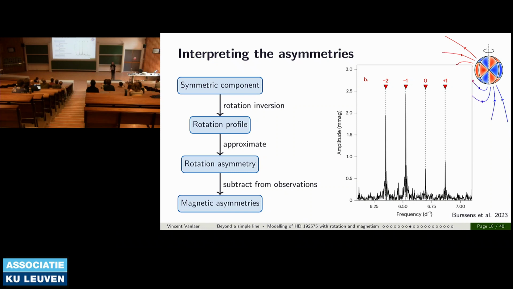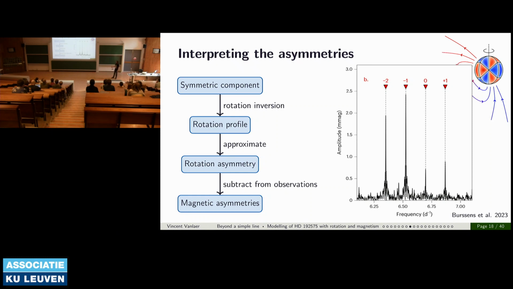So how do we actually solve now the problem between rotation and magnetism? The first step is we're going to use the symmetric component of these multiplets to do a rotation inversion and obtain the rotation profile. This works in this case because they are almost symmetric. The higher order effects of rotation are not really affecting the symmetric component of this profile. You already saw the asymmetries were quite small compared to the overall splitting, on the order of a few percent.